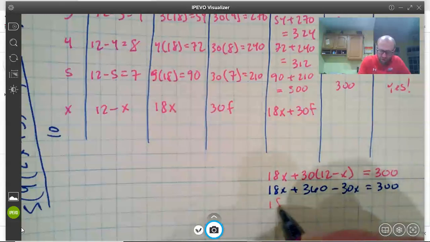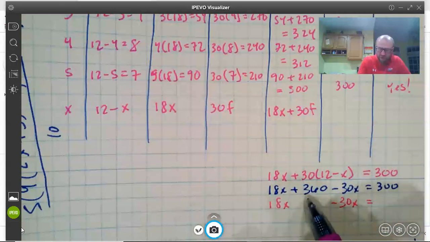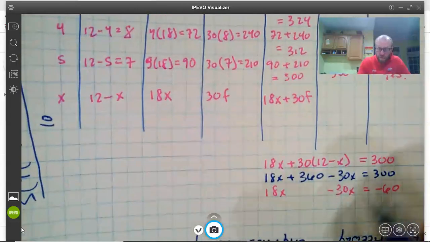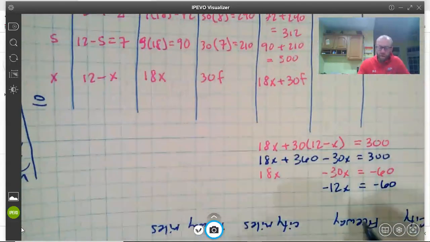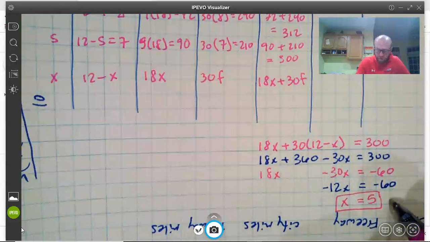That's going to give me 18X minus 30X equals, if I take 360 away from each side, negative 60 over here. I'll combine like terms, leaving us with negative 12X equals negative 60. And then I'll divide by negative 12 on each side, and I get X equals positive 5 gallons used in the city.